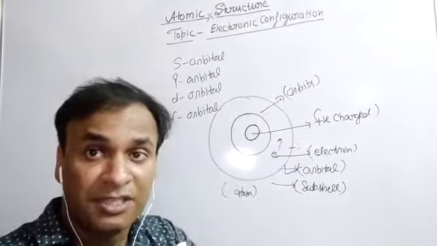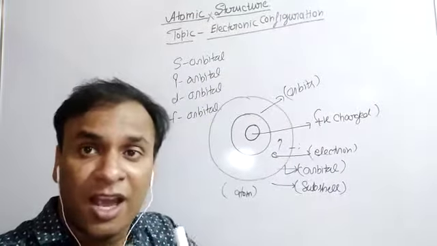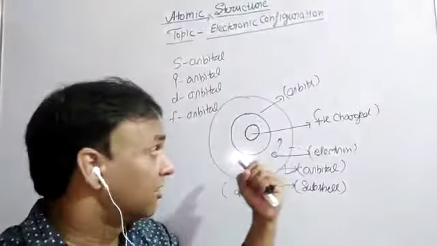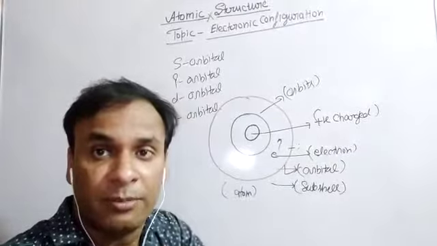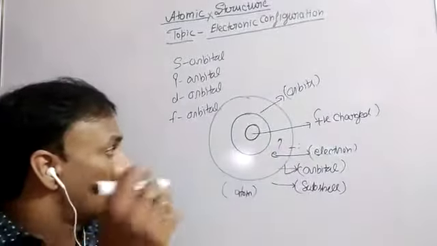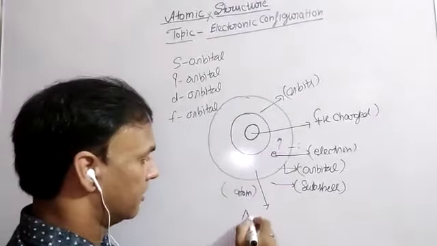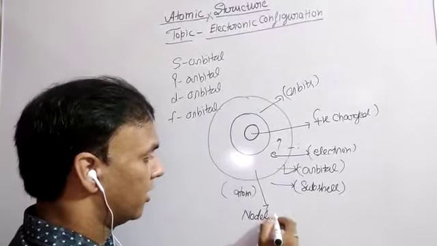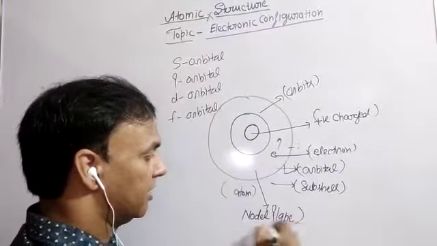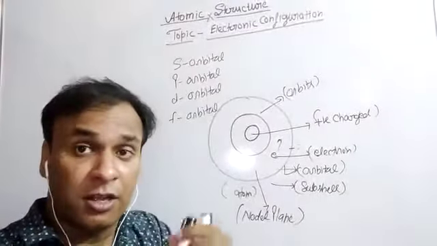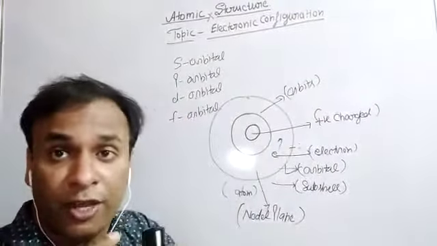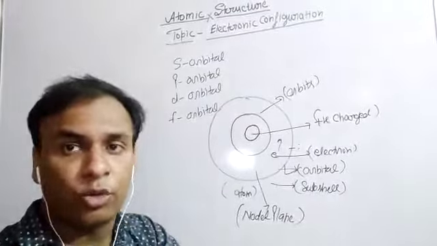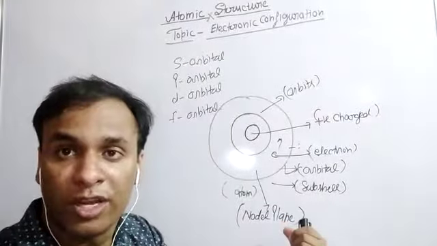That is called an orbital, and the region where no electron is available is called the nodal plane. Where the probability of finding the electron is maximum is the orbital, and the place where no electron is available is the nodal plane.